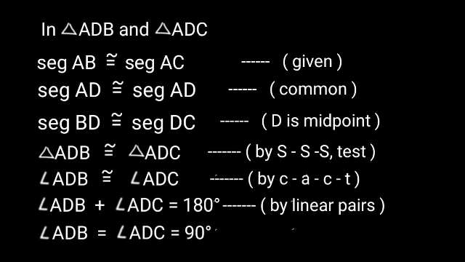Hence, angle ADB is congruent to angle ADC by corresponding angles of congruent triangles. Angle ADB plus angle ADC is equal to 180 because both angles are in a linear pair. Hence, angle ADB is equal to angle ADC is equal to 90 degrees. Hence, AD is perpendicular to the base BC at point D.